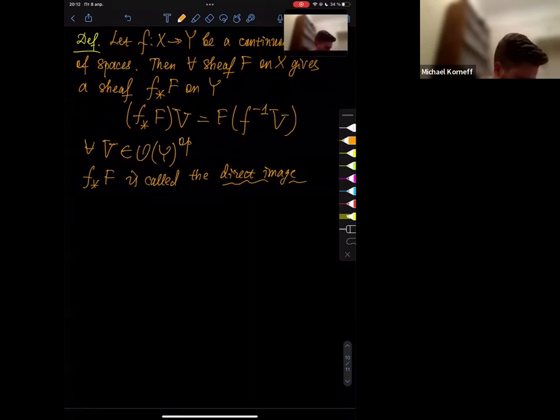And as usual, the star symbol is functorial.